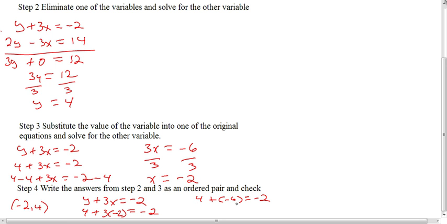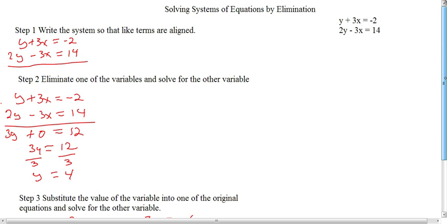When we subtract 4 from 6, that gives us 2, but because of the absolute value of negative 6, it gives us negative 2 is equal to negative 2. So guess what? Indeed, the ordered pair (-2, 4) is a solution to this system.